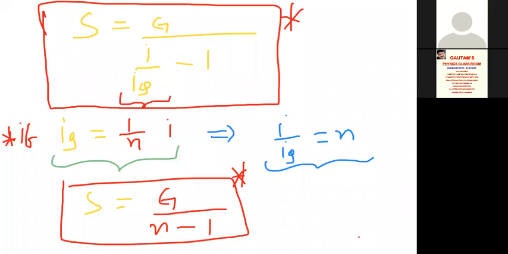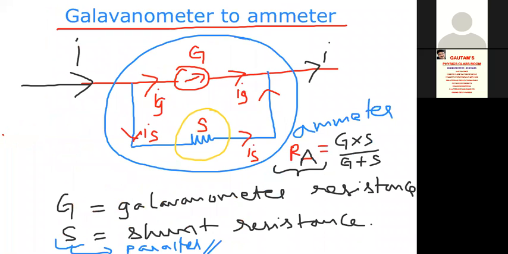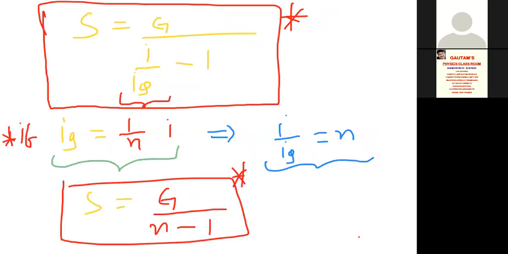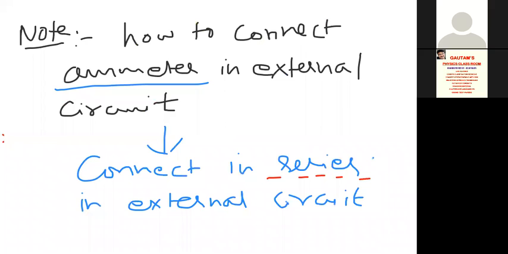So your main points are how to convert a galvanometer to an ammeter: by connecting a small resistance in parallel to the galvanometer, it will become an ammeter. That is the main point. The next point is about the formulas, which is what we derived. And finally, the ammeter is connected in series in the external circuit.